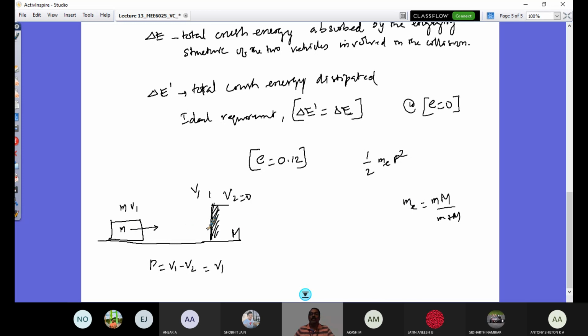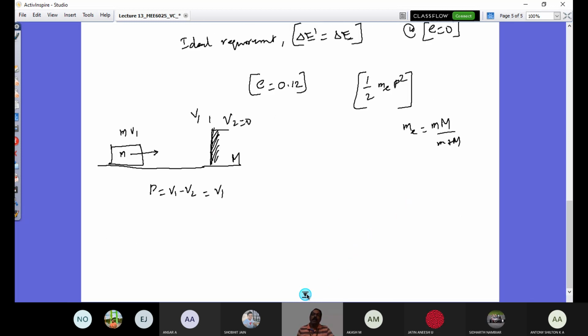If I take my effective mass, so I account for this mass also, then it's simply the relative velocity squared by 2, the total kinetic energy. So now why did I say that? Because now see, this comes here and, just as it is about to hit, its velocity v1 is say 30 miles per hour.